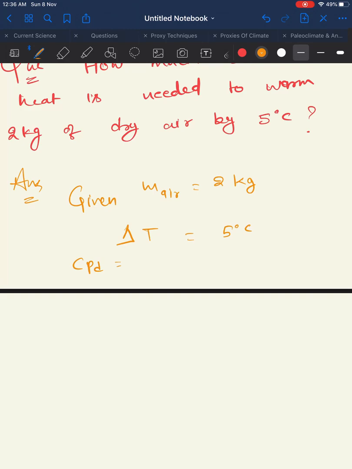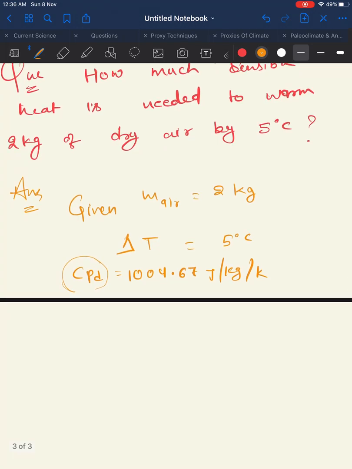For this the value is 1004.67 joule per kg per Kelvin. This CPD depends upon the material being heated. It's the specific heat at constant pressure, and for dry air we use this CPD. Is this clear? For moist air the things are different, but since the question asks about dry air, this is the value.